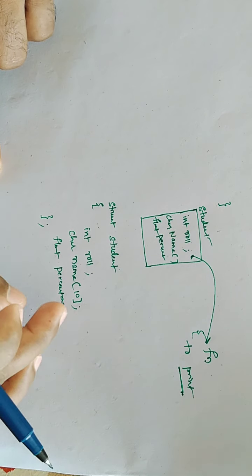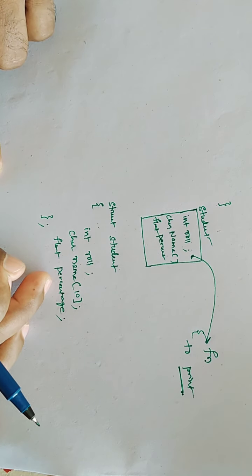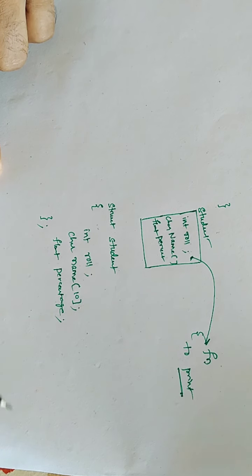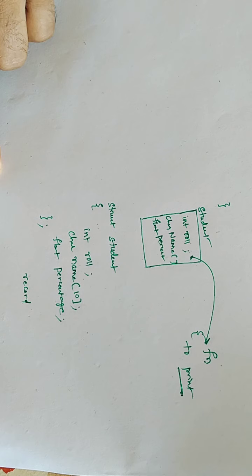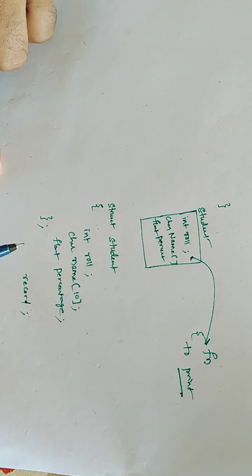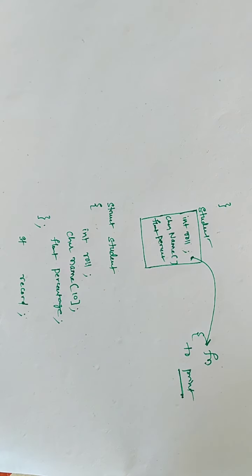But for that, if you want to allocate the memory, what do we have to do? A variable has to be created. So for that I am taking a variable called record. Record is my variable. In that, record is a variable of what type? Just now we created a student. Record is nothing but the details.